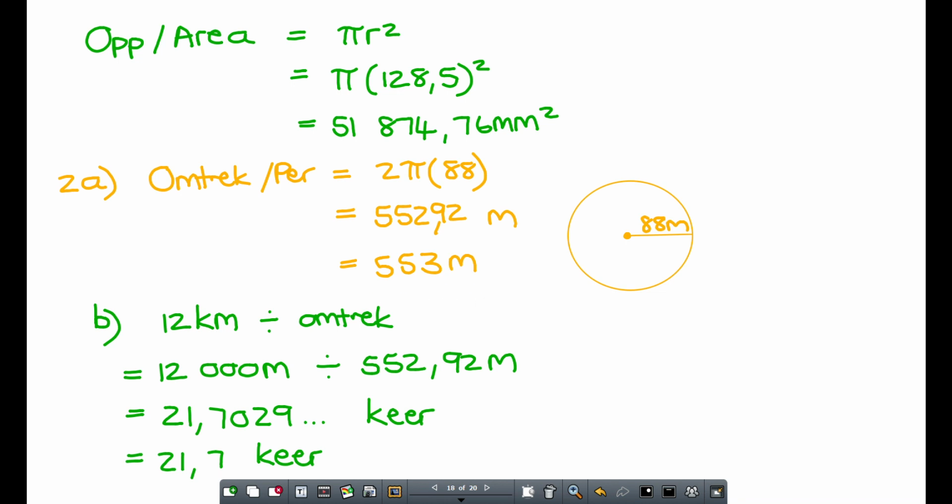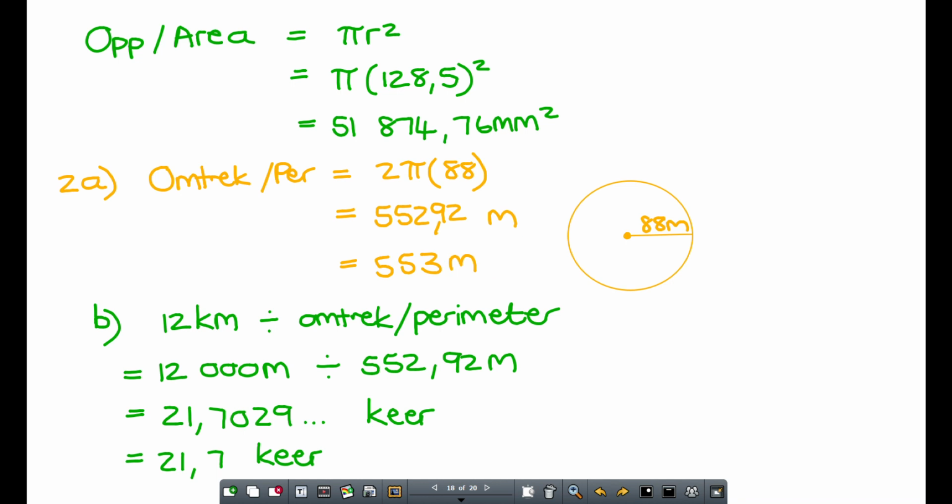Then at B, they said as part of her training, she needs to run 12 kilometers on the track. How many circuits of the track will she have to run? Okay, so I'm going to take the track and then divide it by the perimeter. I can't say 12 kilometers and then divide it by meters.